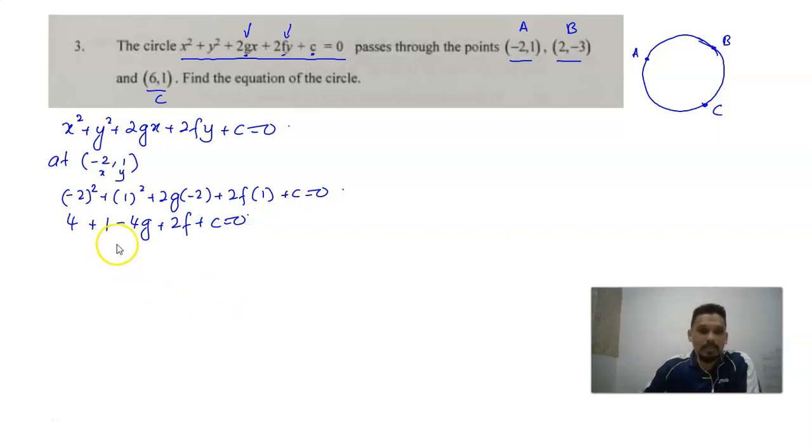So -4g plus 2f plus c equal to 4 plus 1, which is 5; moving it across, the result becomes -5. Put this as equation 1.